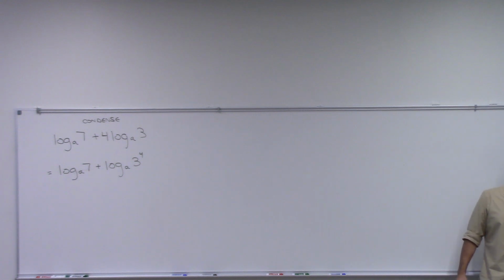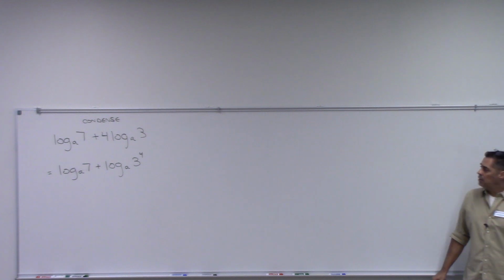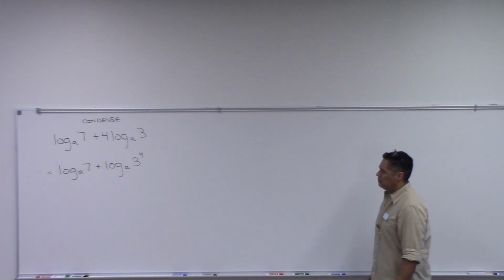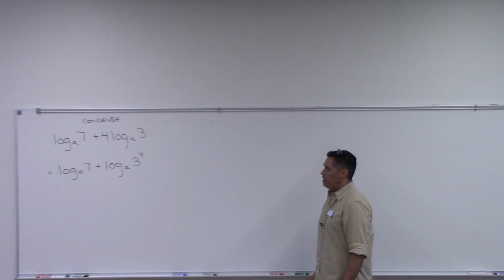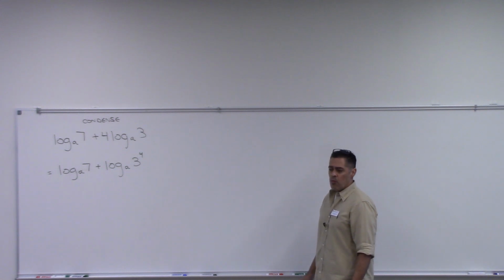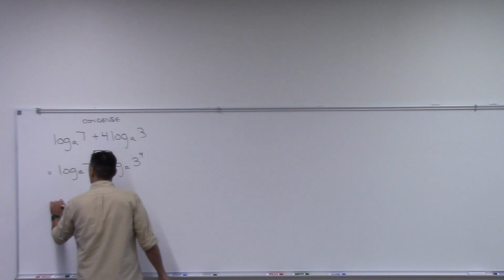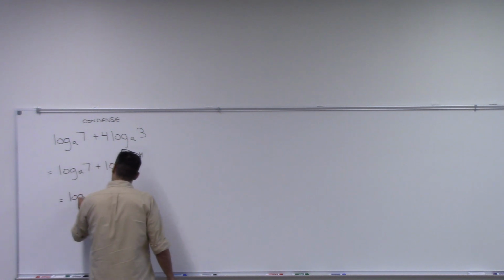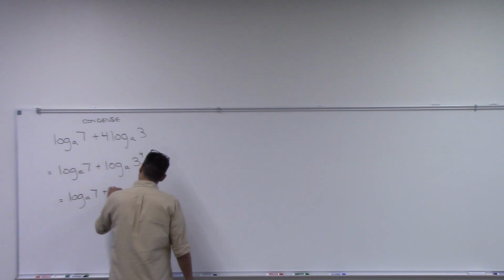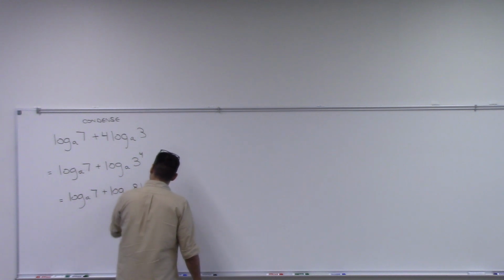That's property 6 backwards. Now, what is 3 to the 4th power? 3 times 3 times 3 times 3 is 81, isn't it? So this is really just log base a of 7 plus log base a of 81.